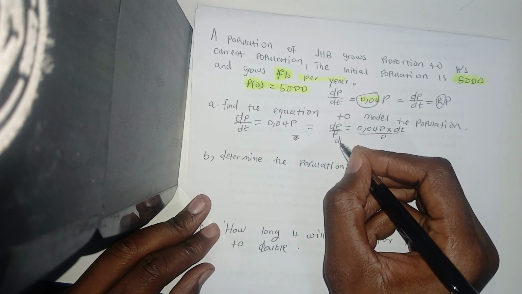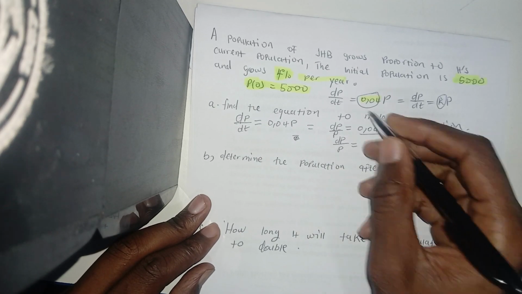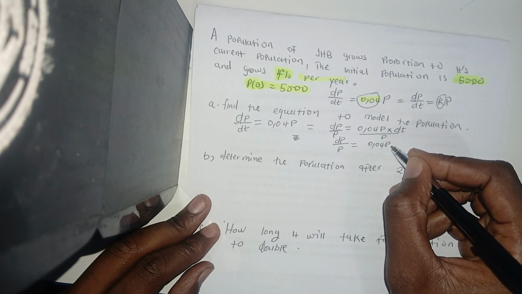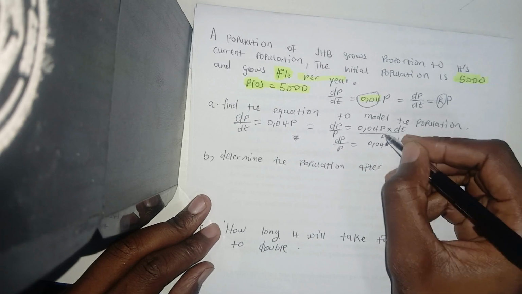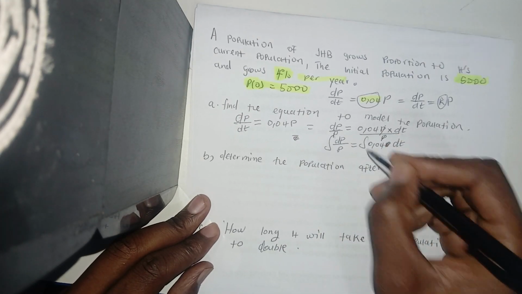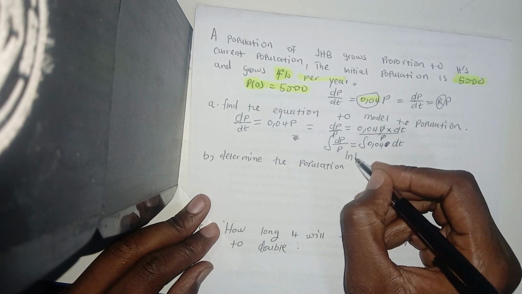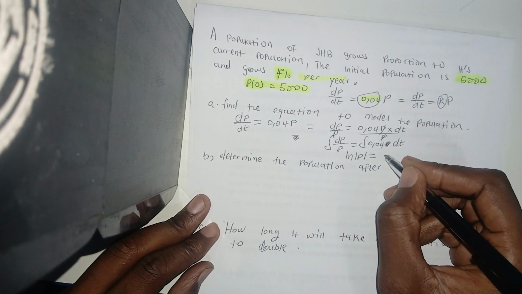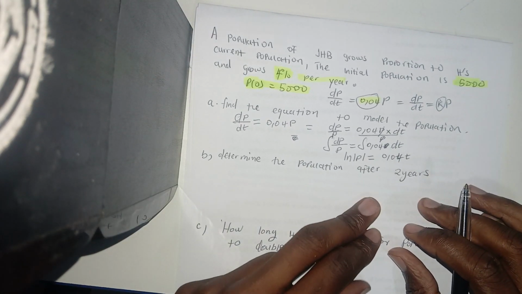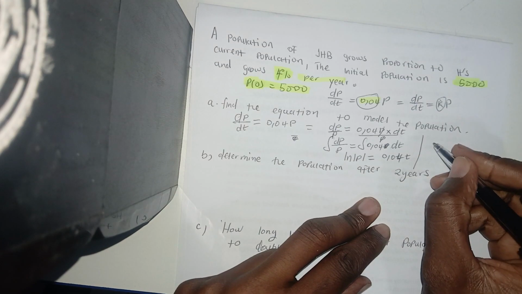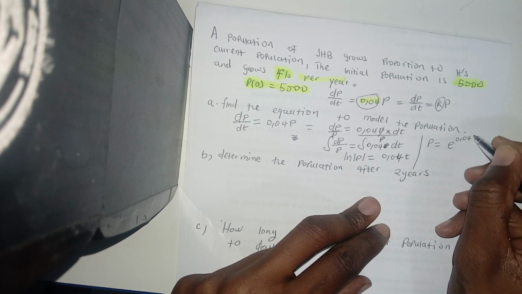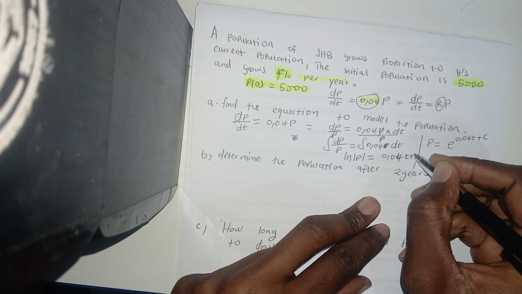It's going to be dP over P is equal to 0.04, not P anymore, because it's cancelled. So now we have to integrate this. It's going to be ln P is equal to 0.04 t plus c.